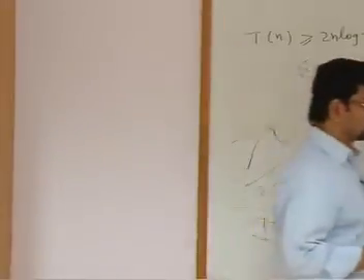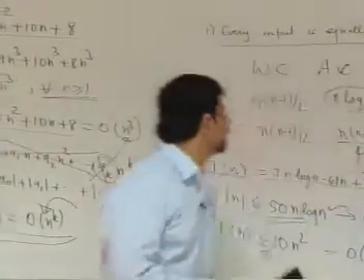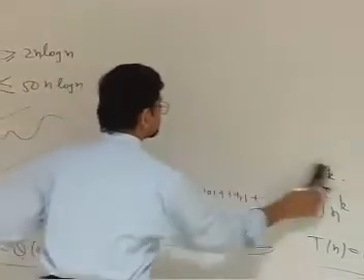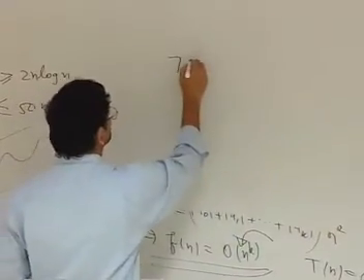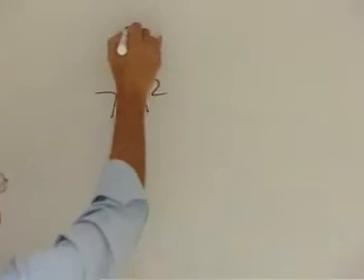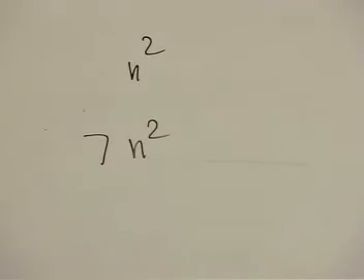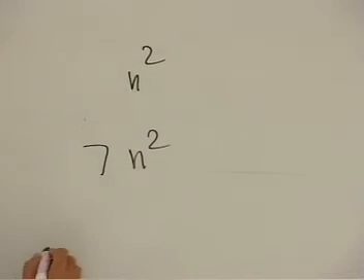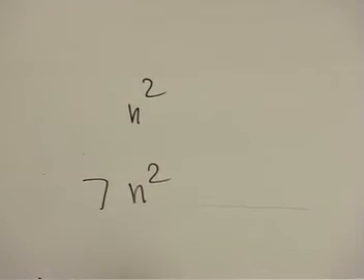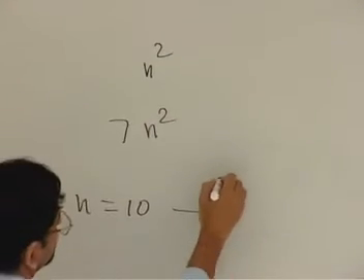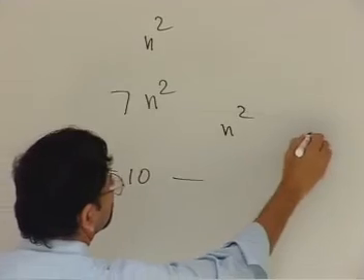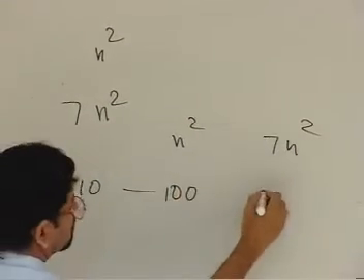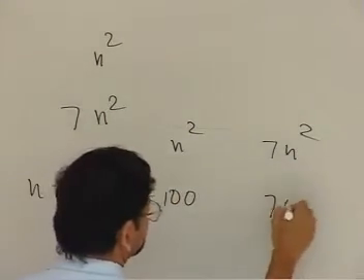You take, for instance, n square and 7n square. Suppose n equal to 10. Here you have n square, you have 7n square. N square is 100, 7n square is 700.